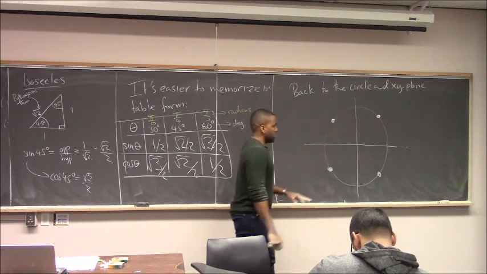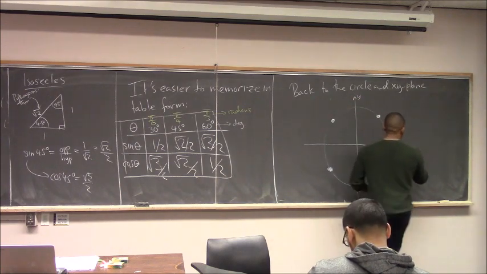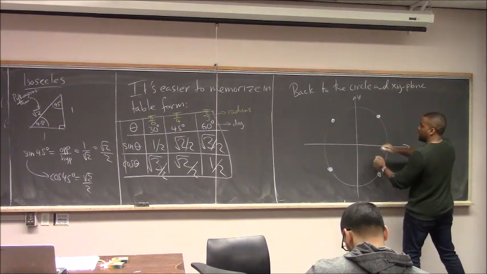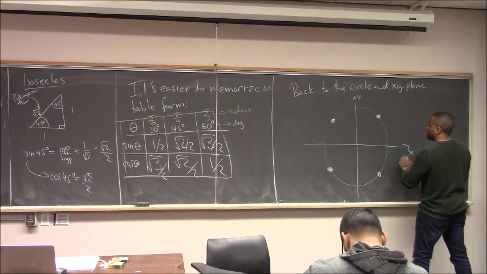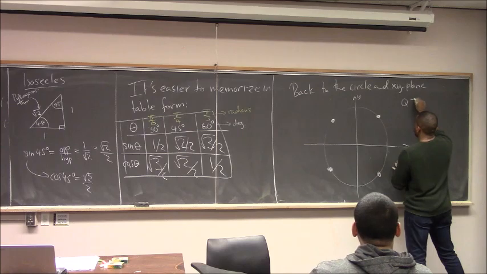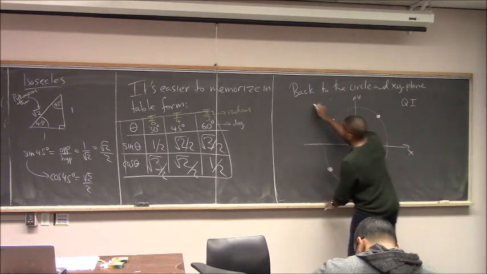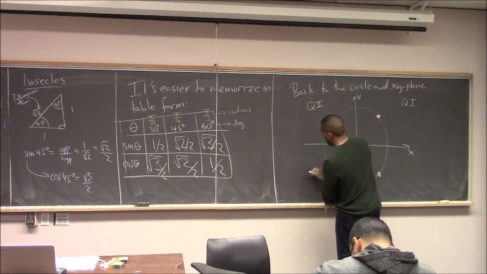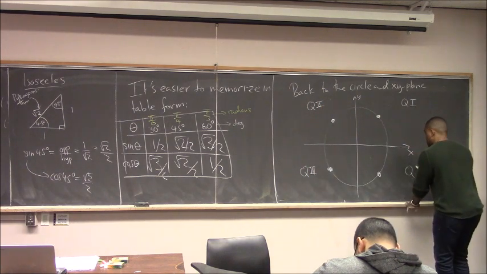By the way, I don't know if you would know this, outside trig, we think of the XY plane as cutting the Cartesian plane into 4 distinct parts. This part over here is called quadrant 1, and we number them in increasing order going counterclockwise. So this is quadrant 2, this is quadrant 3, this is quadrant 4.